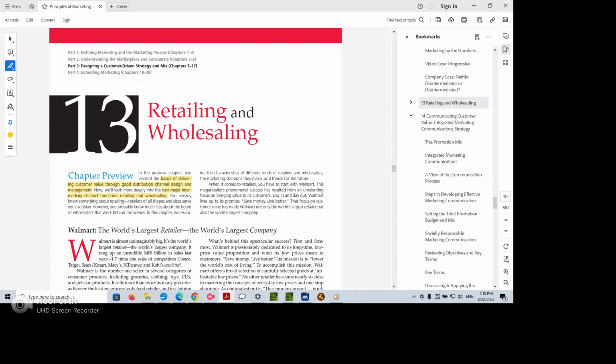When it comes to retailers, you have to start with Walmart as an example. There are other ones you can start with, but this is one of the major ones to consider.